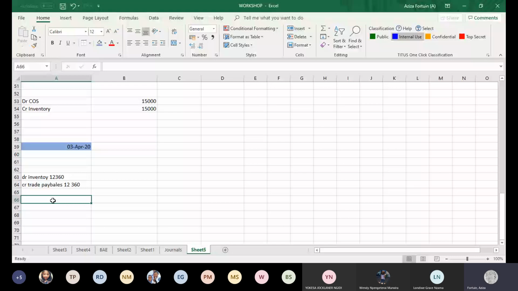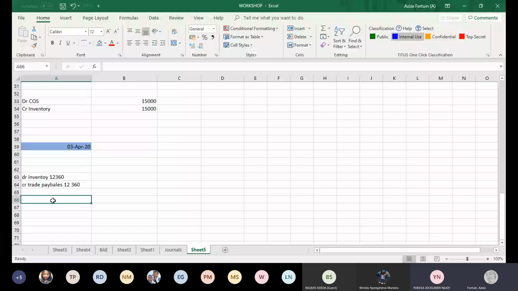They issued 1250 units to production. Okay. What journal entries are you going to pass there? Yukisa? What do y'all think? We issue to production, so there's going to be 2 accounts.